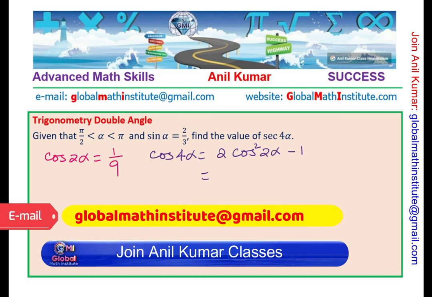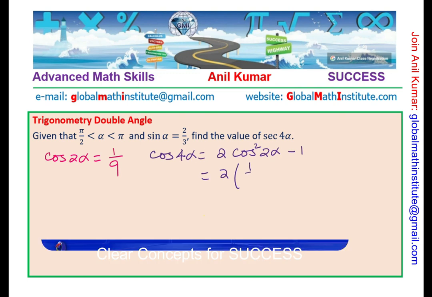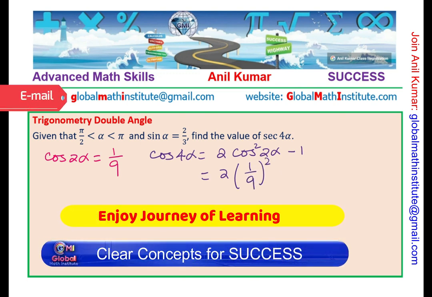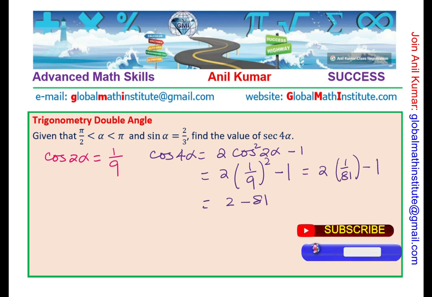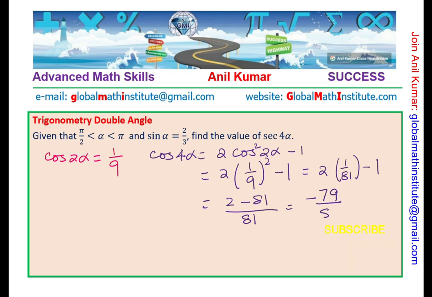We know this value: 2 times 1 over 9 square minus 1, correct? So which is 2 times 1 over 81 minus 1. So we could write this as 2 minus 81 over 81. Makes sense? Which is negative, and this is negative 79 over 81.